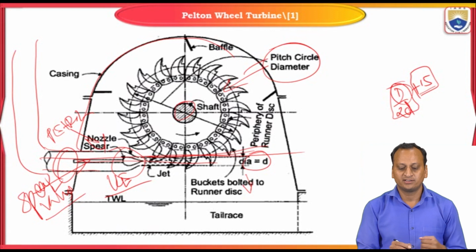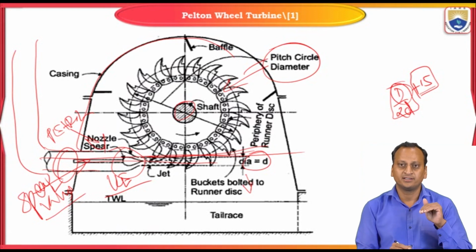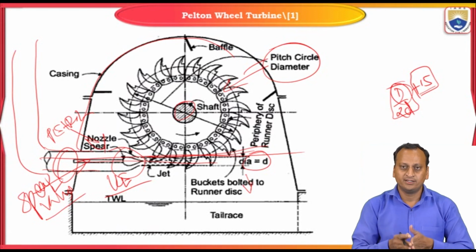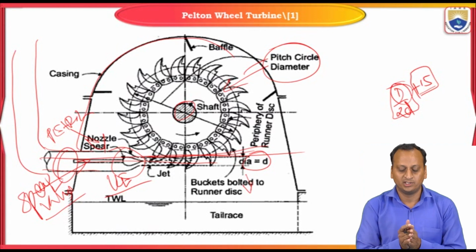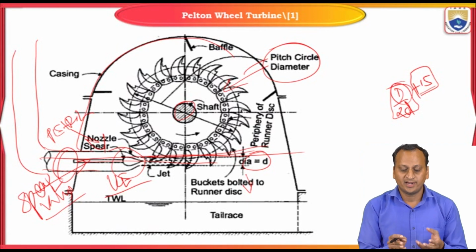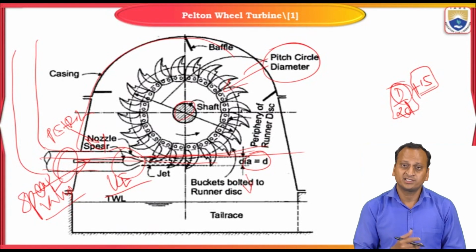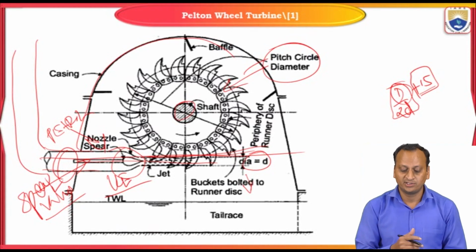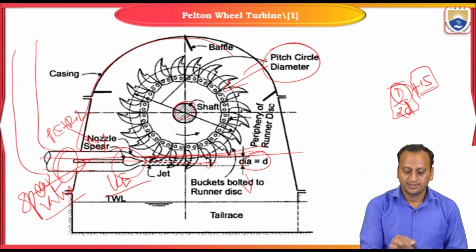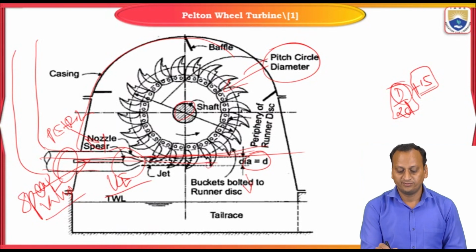Whenever the water hits the splitter, the water will be divided into two equal halves, so that the maximum amount of energy possessed by the liquid can be utilized by the turbine for the generation of electricity. That's why it has to be split into two halves. But then there will be a slit at the end of a bucket. At every end of a bucket, there will be a slit.